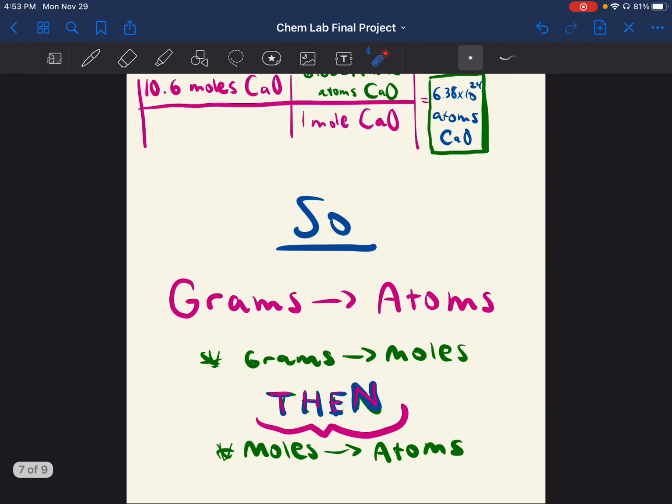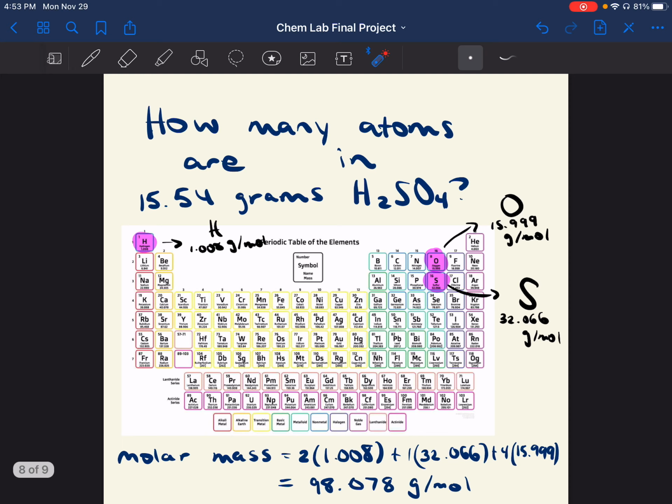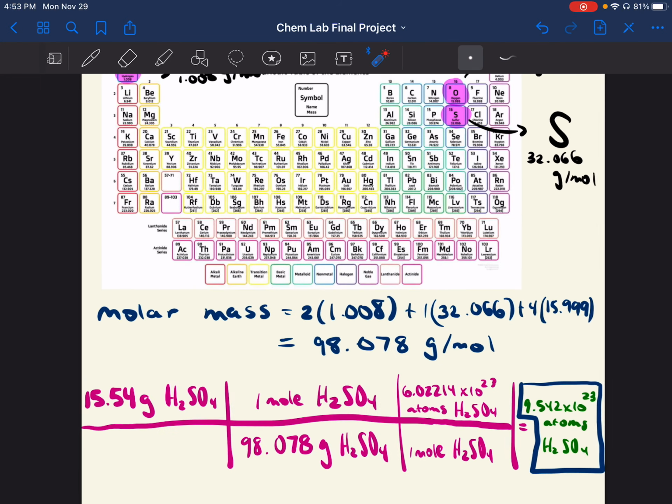So we've got the different steps, grams to atoms. To do grams to atoms, excuse me, you have to go from grams to moles, then moles to atoms, like I said. So we just did two of the small steps, just have to put it together now. So how many atoms are there in 15.54 grams of H2SO4? That's sulfuric acid.